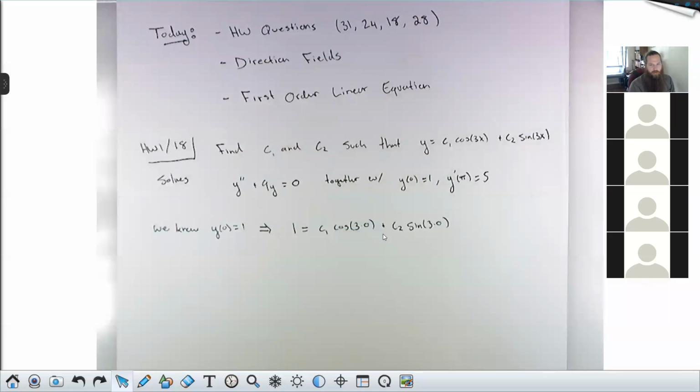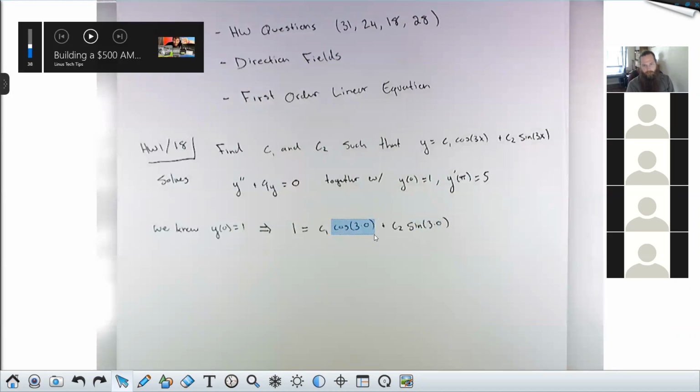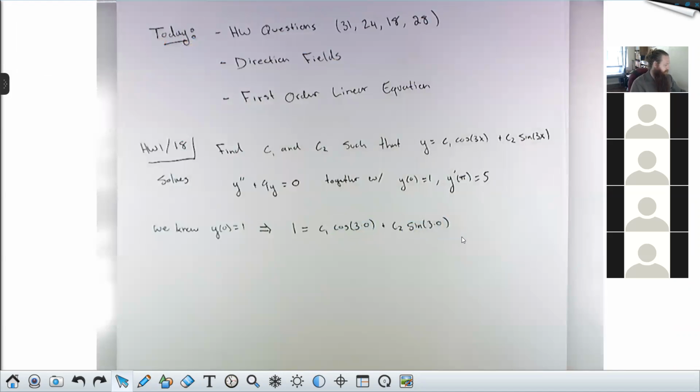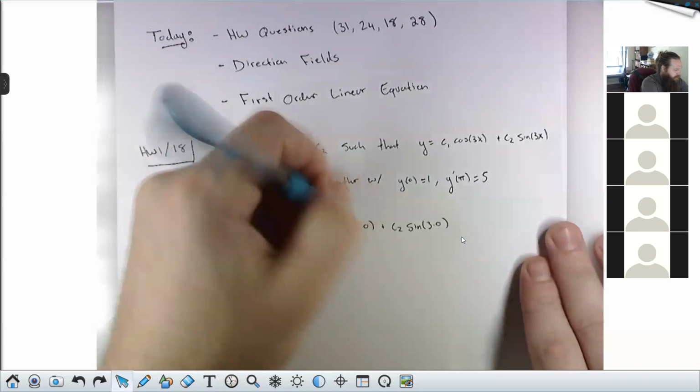So this is the cosine of 0, and this is the sine of 0. What is the cosine of 0? 1. Very good. And the sine of 0? 0. Excellent.